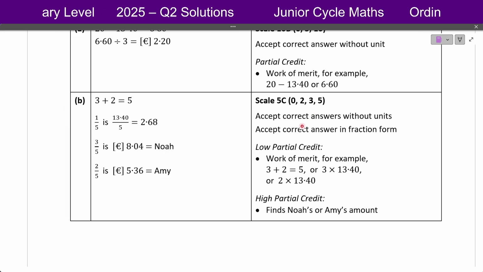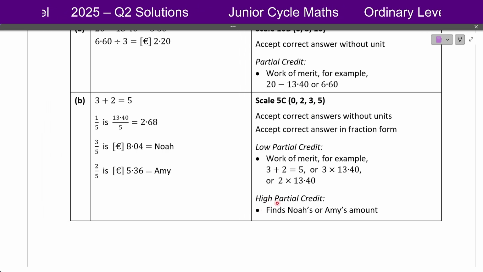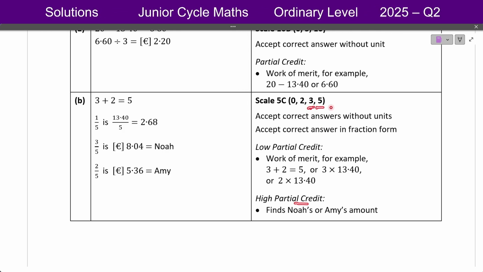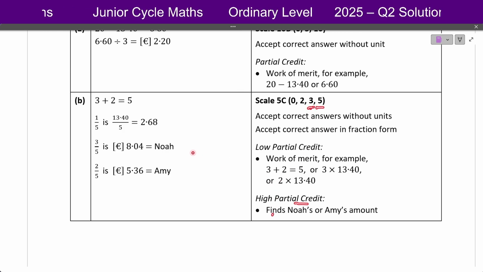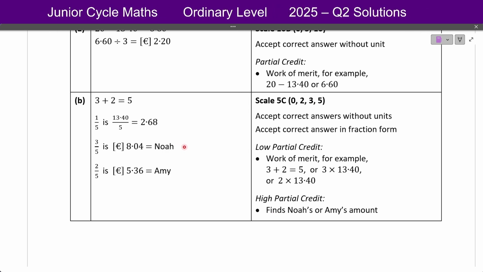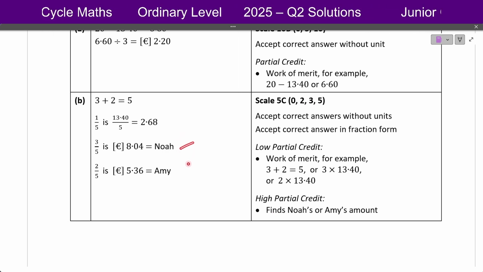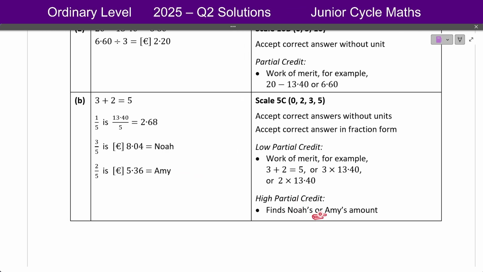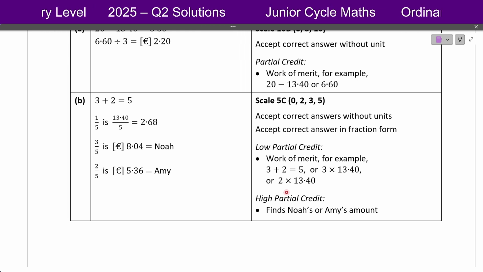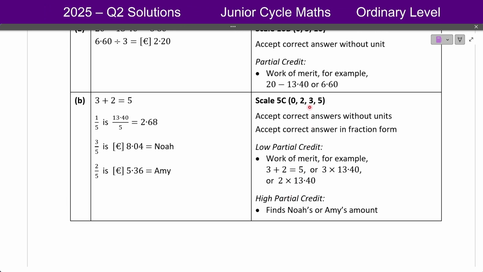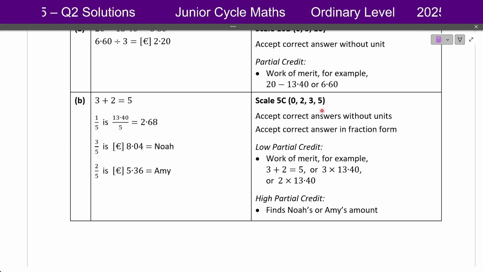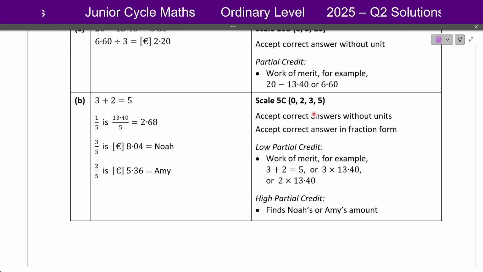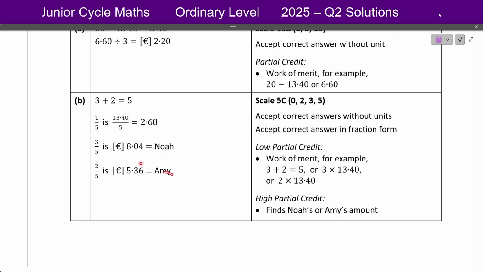We also have high partial credit, which is 3 marks out of 5, if we show computing only the correct answer value for Noah or Amy, either one of the two values. In that case, we will get 3 out of 5. And finally, 5 is the full credit we get from this part.